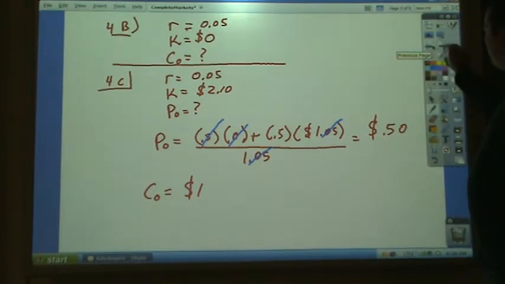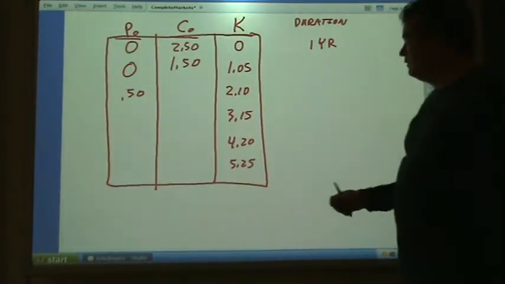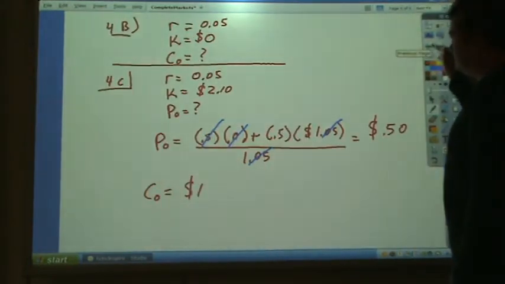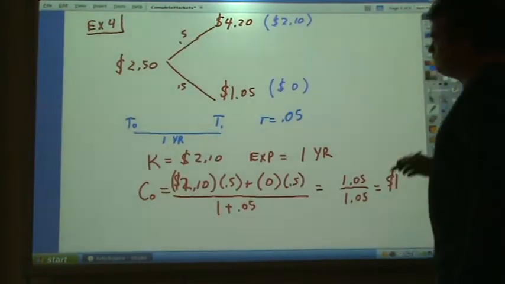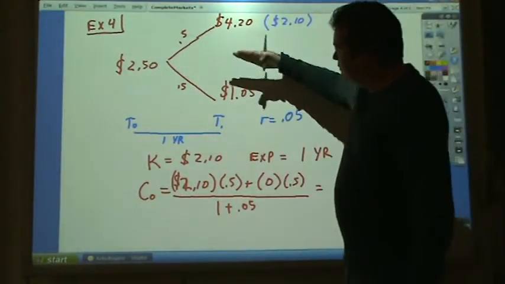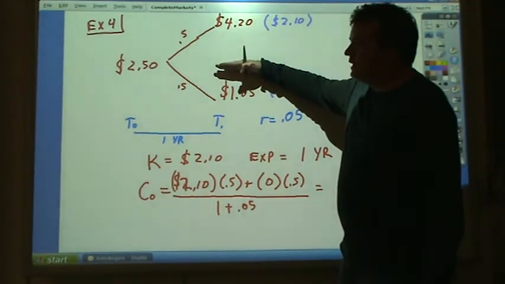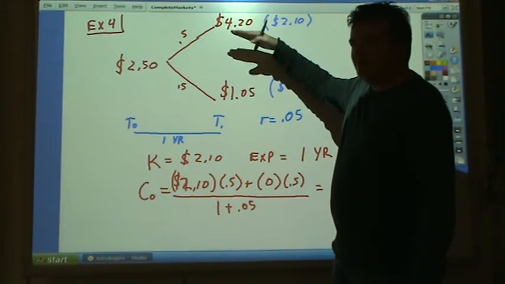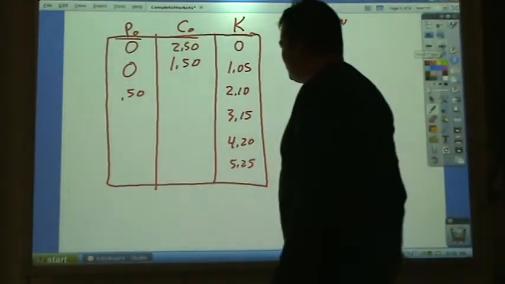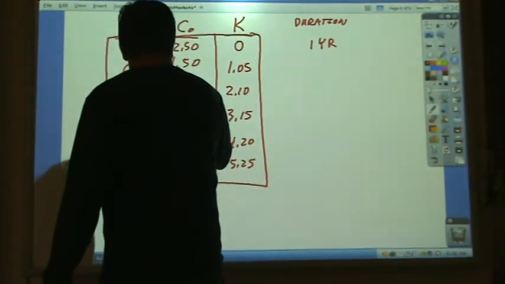And what would you pay for the corresponding call, with a strike price of $2.10? Would it be $1? With a strike price of $2.10, you get everything above $2.10. Oh, we did that one. That would be $1.